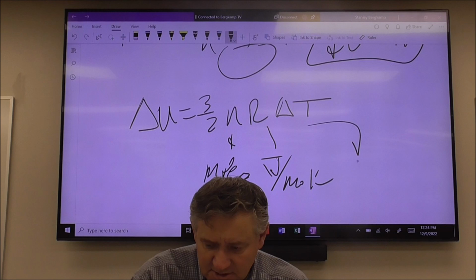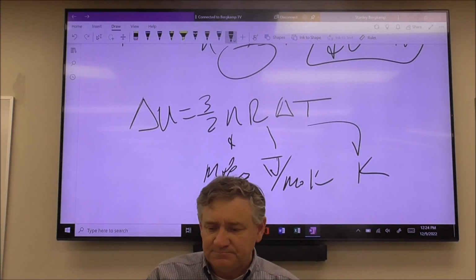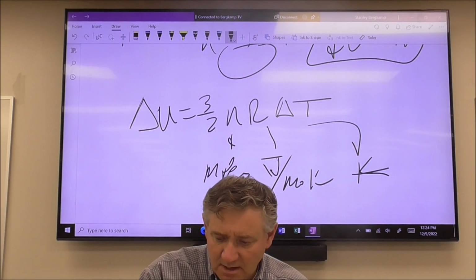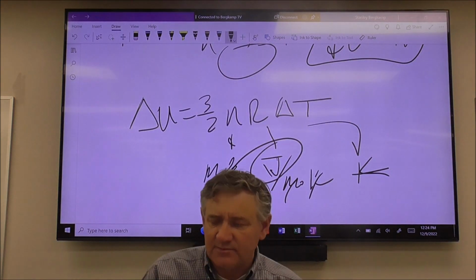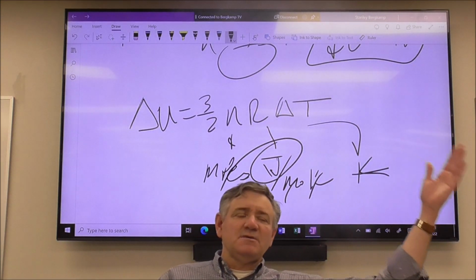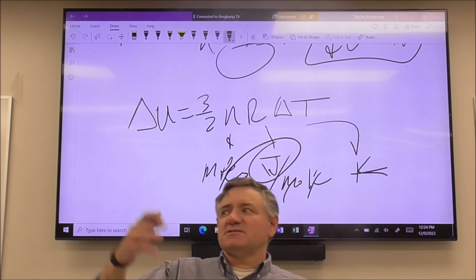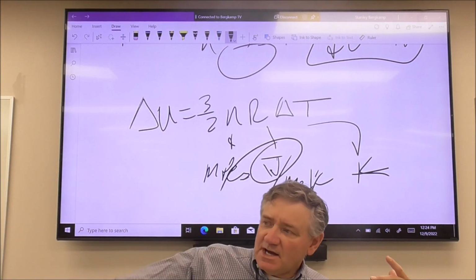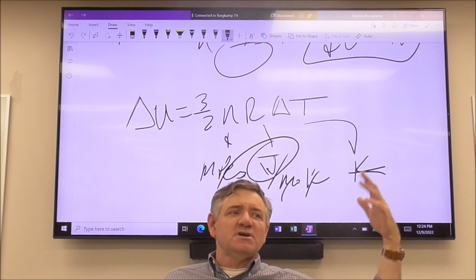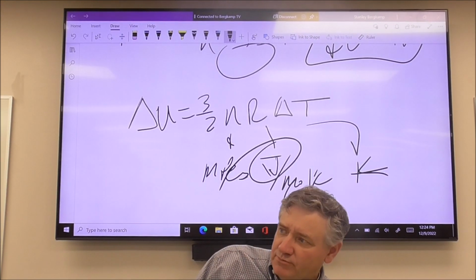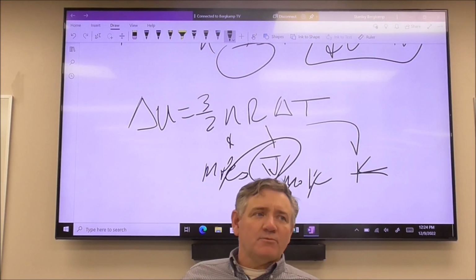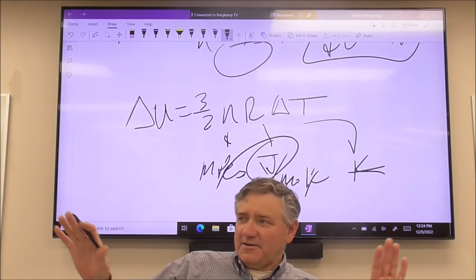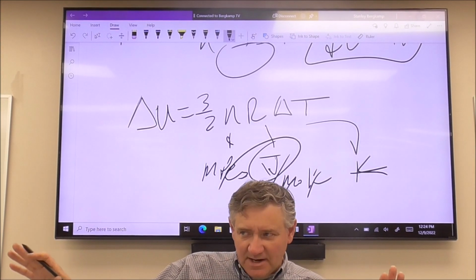And this is going to be your change in temperature in Kelvin. Kelvins cancel out, moles cancel out, you're left with joules, which is the same thing Q is going to be measured in, which is the same thing work is going to be measured in. Okay? So I can't have one side of the equation producing joules and the other side producing newtons. Okay? It can't work. Got this idea?